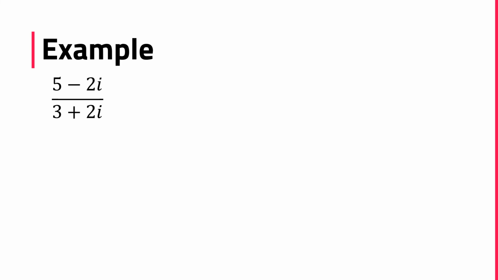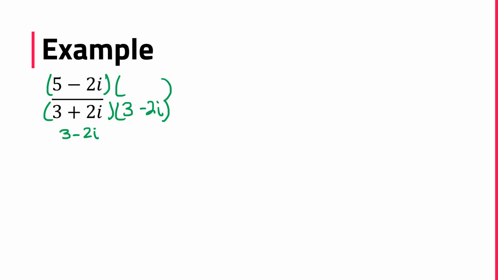All right, I'm going to do one more example. I know this isn't in your notes, but I wanted to provide another example if it's helpful. All right, this one's a little more complex because I have two terms in the numerator as well. So step one, I want to identify the conjugate of the denominator. The conjugate of the denominator is 3 minus 2i. So my first goal is I'm going to multiply the numerator and the denominator by the conjugate.